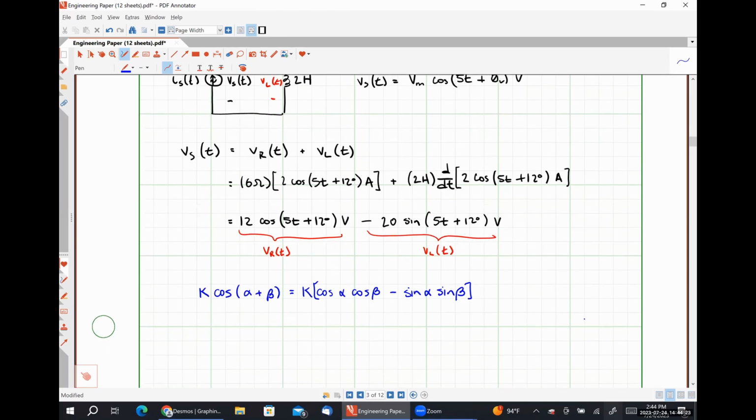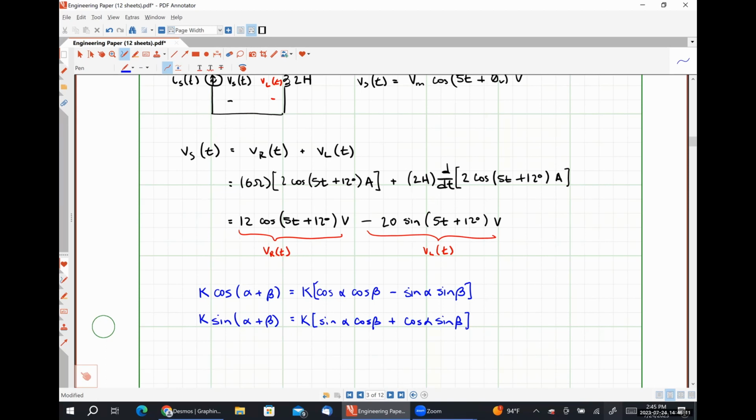I also introduced a relationship that said sine of alpha plus beta is equal to sine alpha cosine beta plus cosine alpha sine beta. I'm doing this from memory, so I'm 90-ish percent sure that's correct. We'll run with that, and hopefully I won't embarrass myself too much if I'm wrong. And once again, if I multiply this by an arbitrary constant k, it's the same as multiplying this side by k as well.